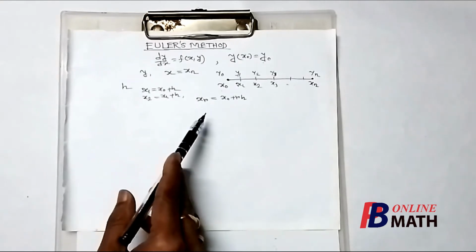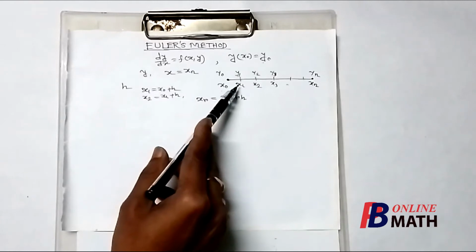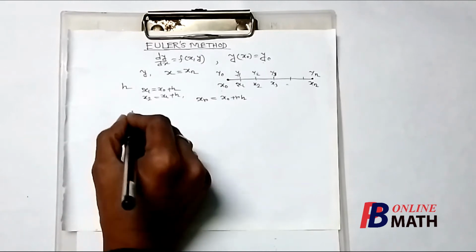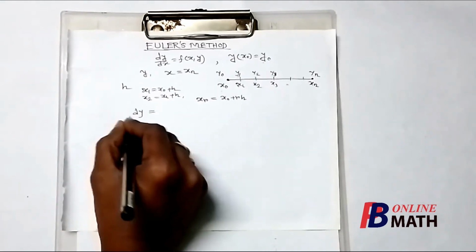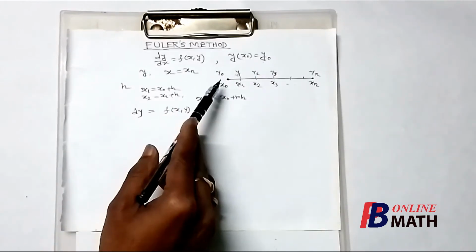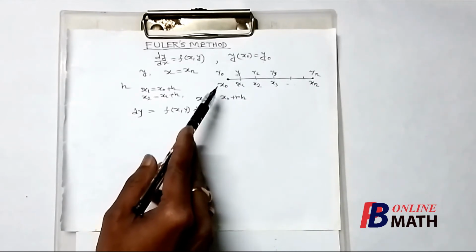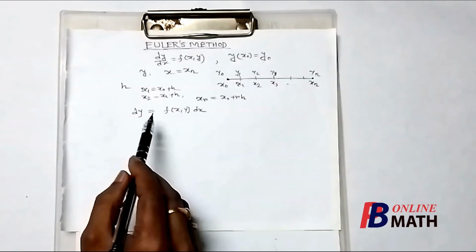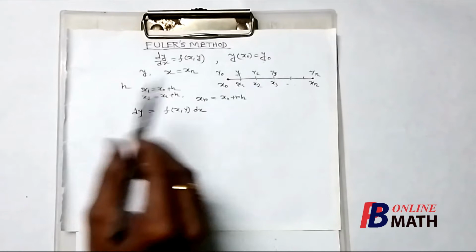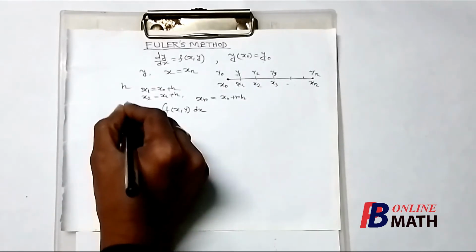Now in Euler's method, we find the value of y1 at the point x1 by integrating this differential equation. If we write this differential equation as dy = f(x, y) dx, then to find the value of y at the point x1, we first integrate this equation with respect to x between x0 and x1.